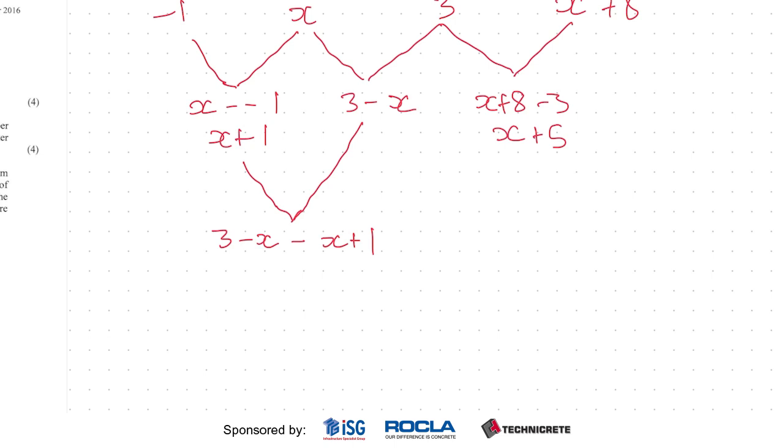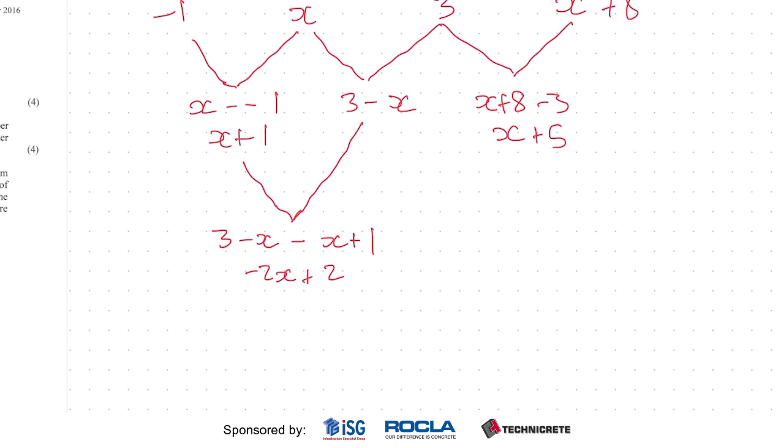So minus x, and remember this negative sign will distribute to the x and to the plus 1. Okay, so it's minus x, which is minus 2x, and it's 3 minus 1, which is 2, so plus 2.